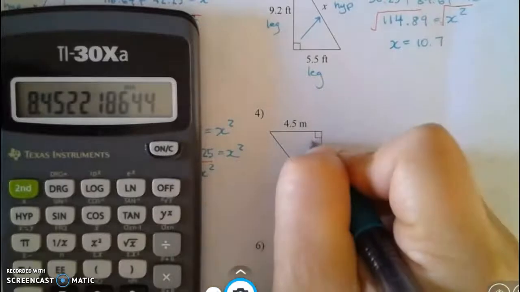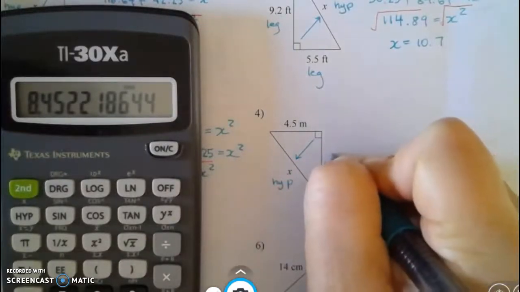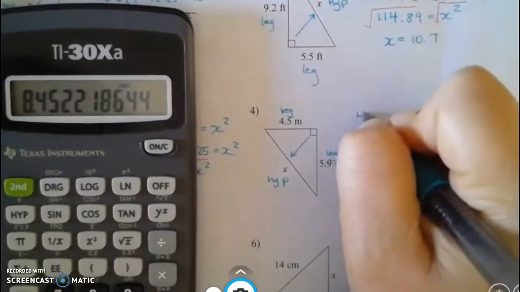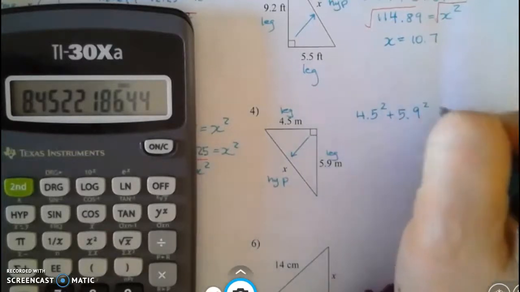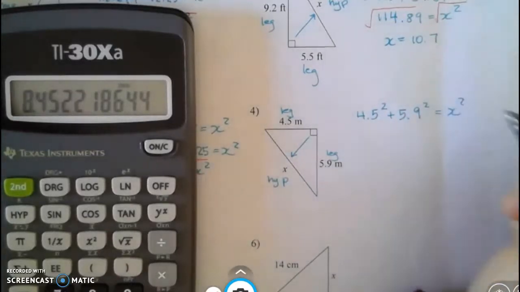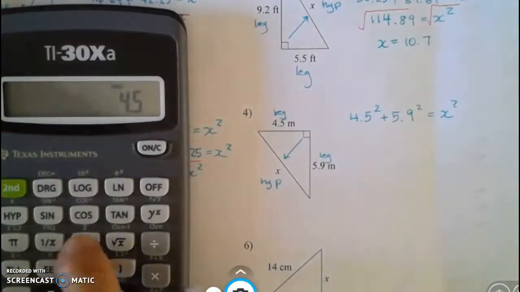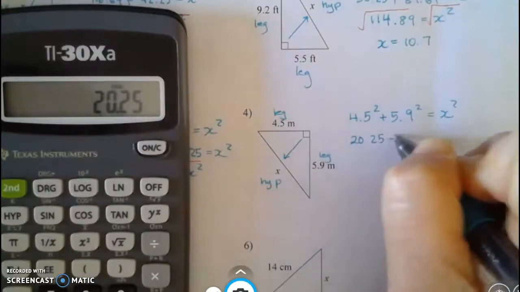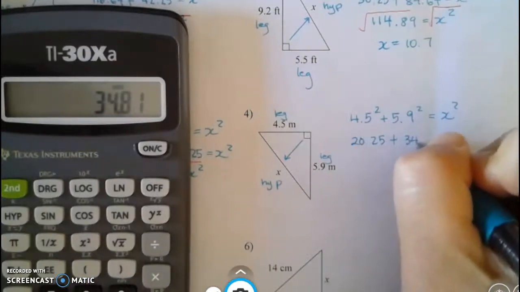Number 4, same thing. This is my hypotenuse. This is my leg and leg. So it's going to be 4.5 squared plus 5.9 squared is x squared. And 4.5 squared is 20.25. 5.9 squared is 34.81.